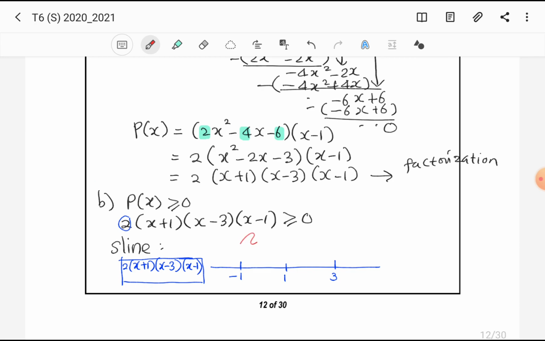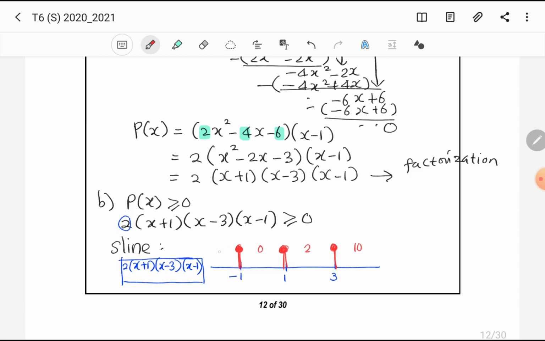Okay dah. Cuba masukkan. Masukkan apa, madam? Oh, lupa dah tu. Masukkan apa? So, masukkan nombor-nombor. Okay, according to the interval. Contohnya, yang belah sini boleh masukkan 10. Calculate 10. Yang belah sini calculate 2.